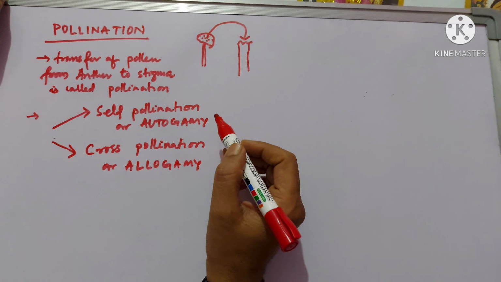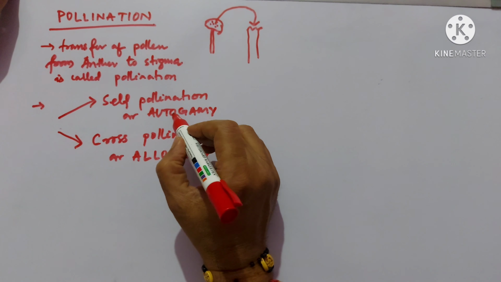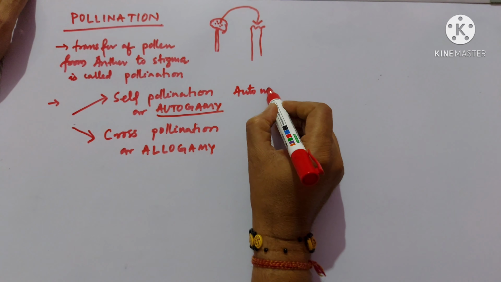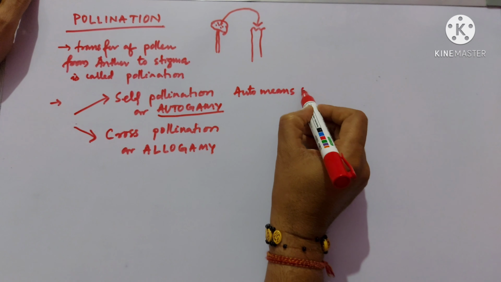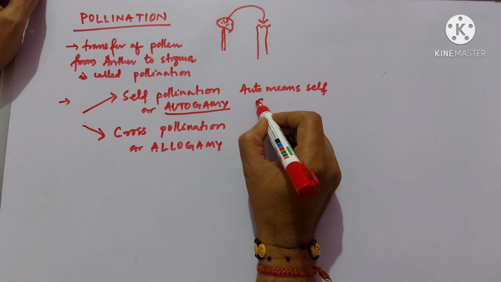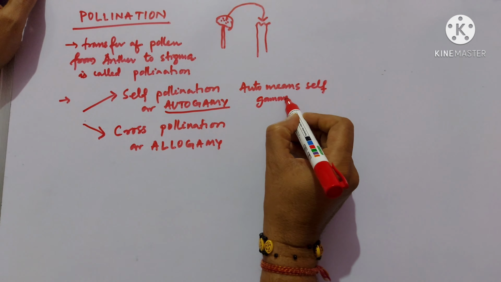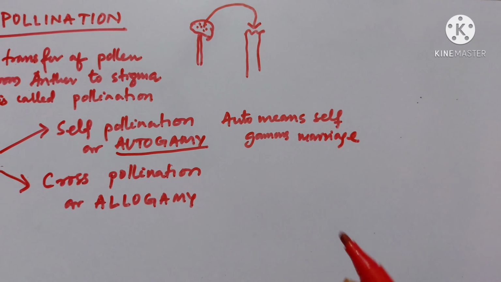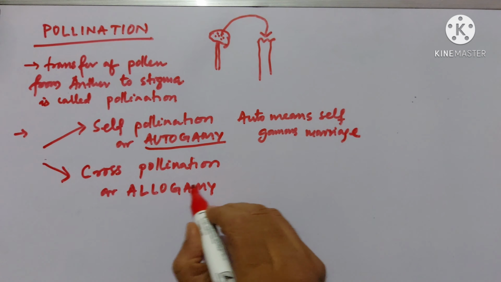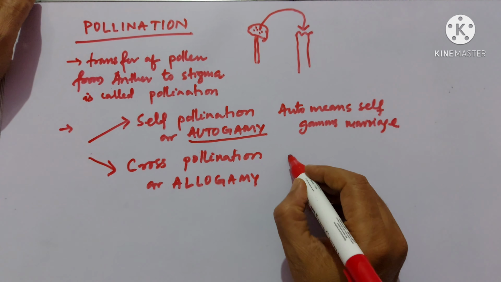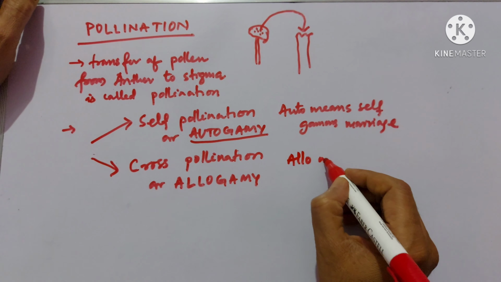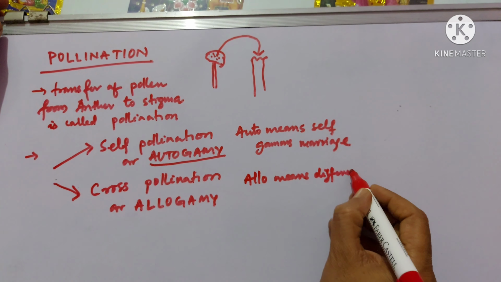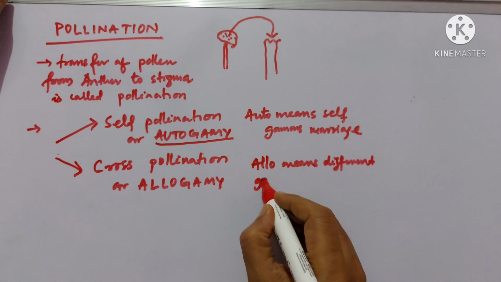Here in self-pollination, autogamy, auto means self and gamos means marriage. So this is self marriage. And in cross-pollination, allo means different and gamos means marriage.